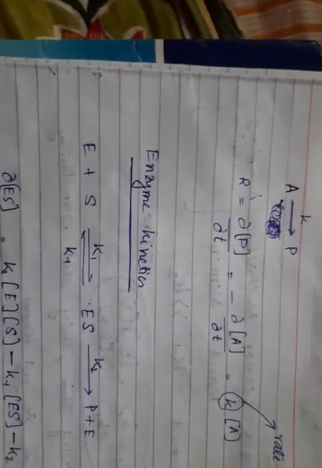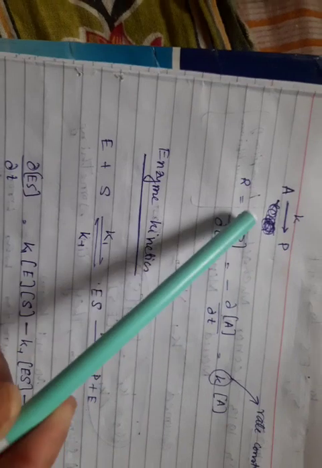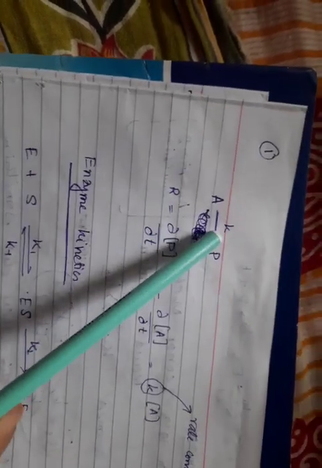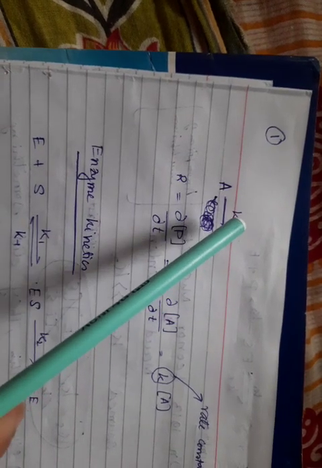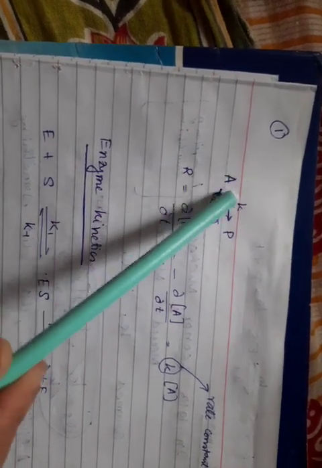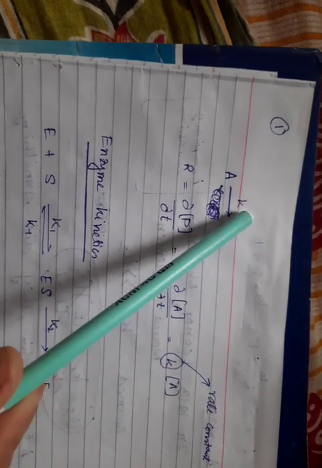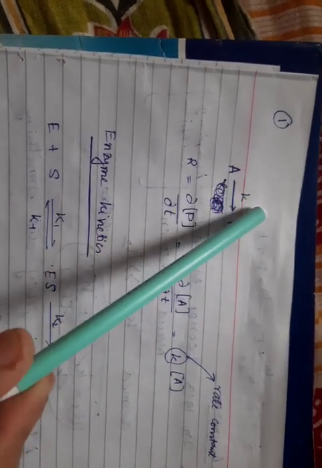As we learned from here, for the conversion of this reaction from this to this, the rate of the reaction is directly proportional to A, the reactant, multiplied by the rate constant.